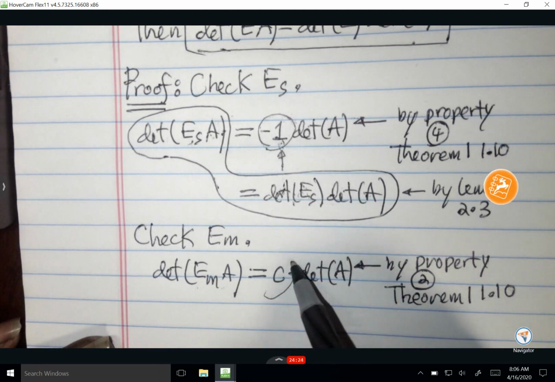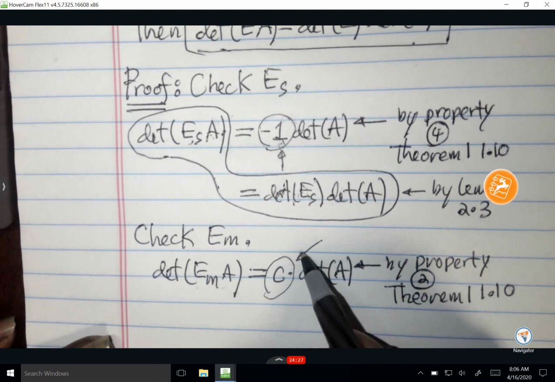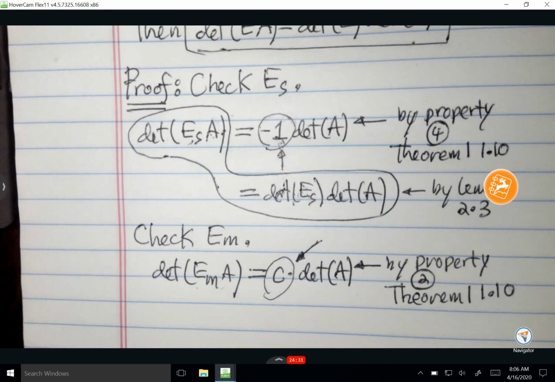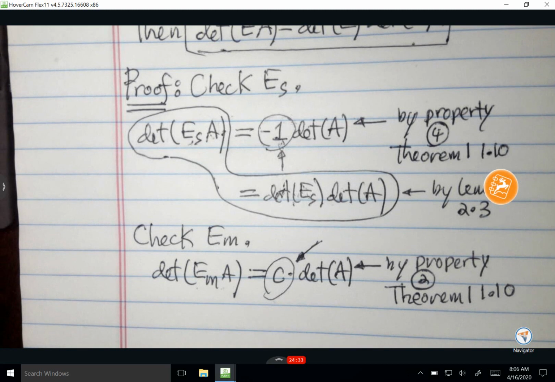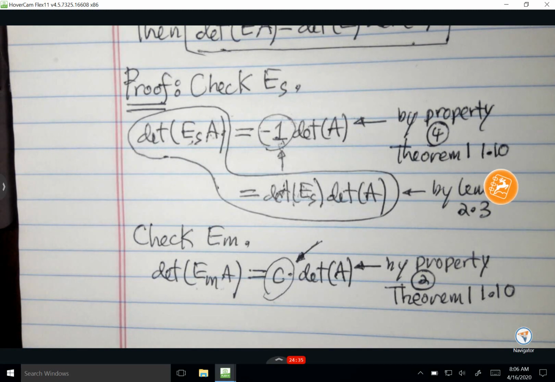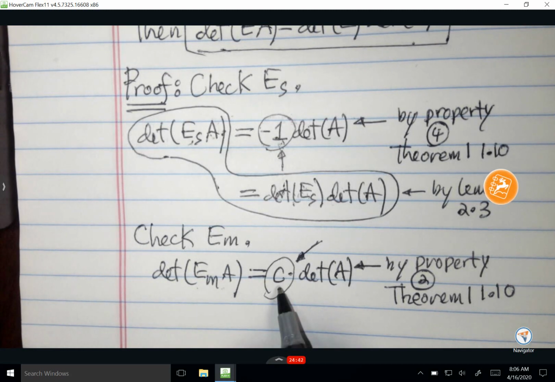Now I'm going to play around with this number right here. We just found out in Lemma 1 in 2.3, which we proved a minute ago, that this number is the determinant of E multiply.